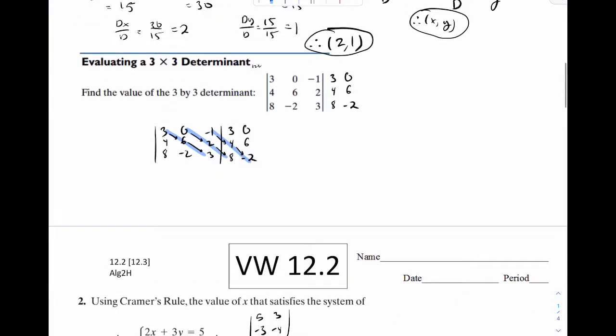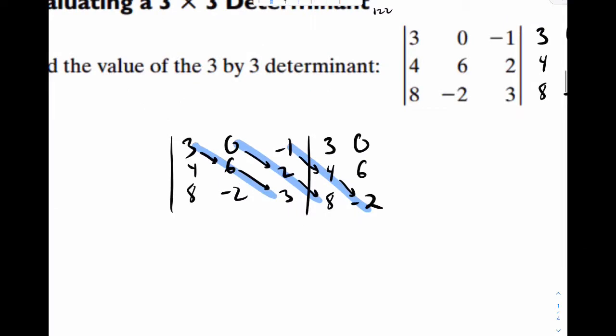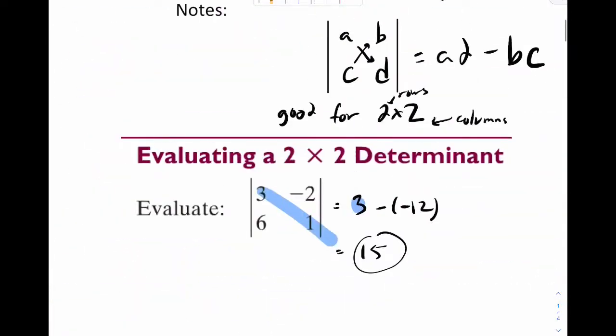So we're going to do that 3 times here. So 3 times 6 times 3, that is 18 times 3, which is 54. Then plus 0, and then plus 8.